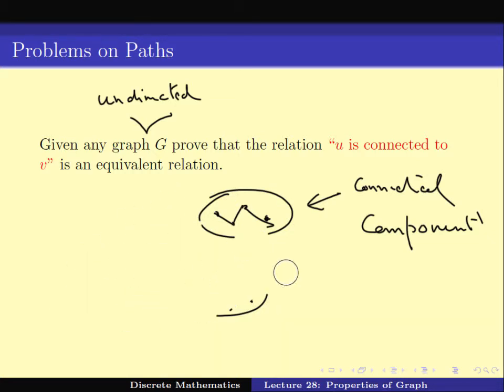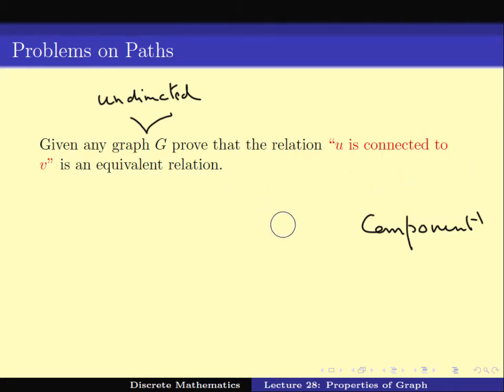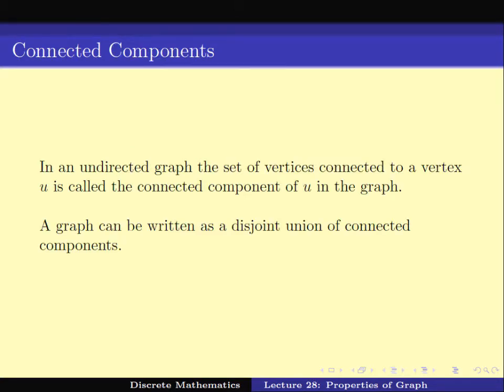Note that this heavily uses the fact that the relationship is an equivalence relation, and in fact, if the relationship is not an equivalence, then we could not have got it, and hence, if the graph G was not undirected but was directed, then we could not have got this particular property. So an undirected graph can be split up into connected components, and the graph is a disjoint union of the connected components. This is for the case of undirected graphs.